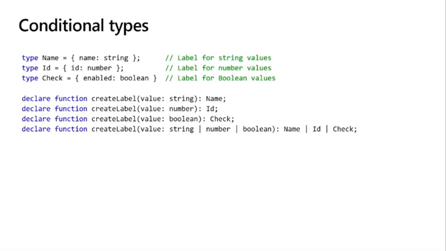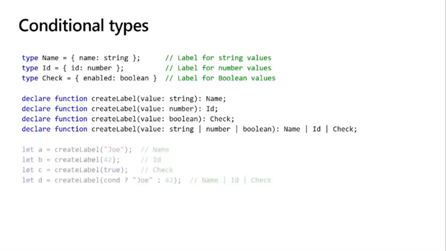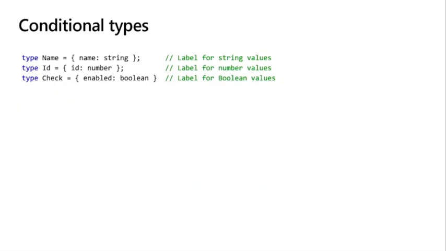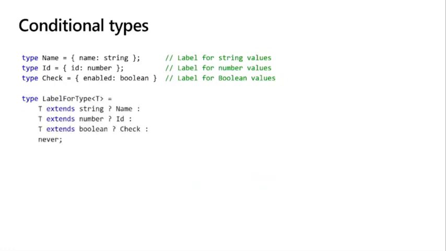And really what you want is the ability instead to express it in the type system more directly. And that is what conditional types enable you to do. So here we can declare a LabelFor type. So I give you a T, and when T extends string, I want you to give me back Name.